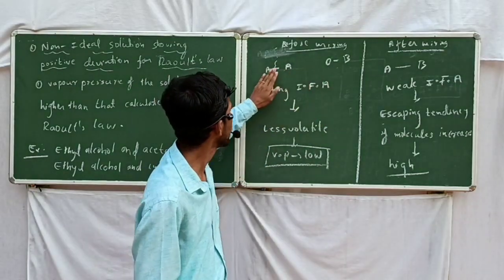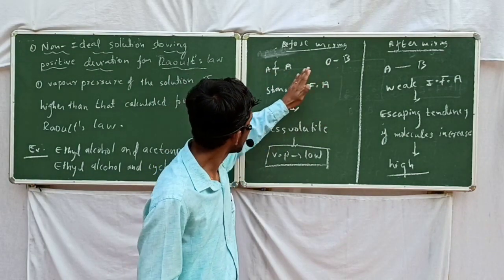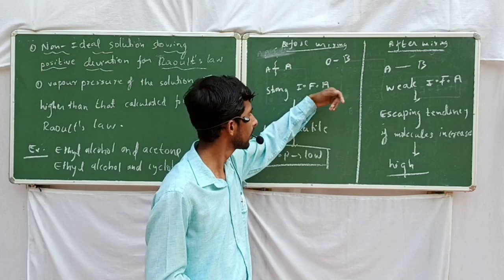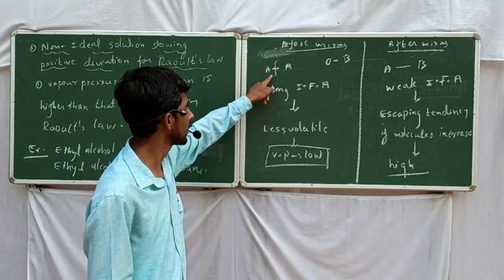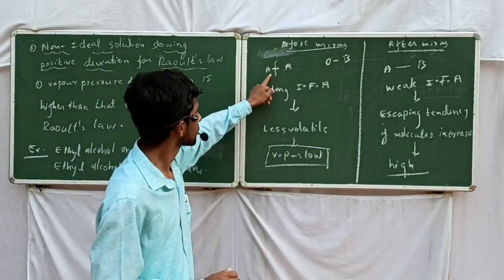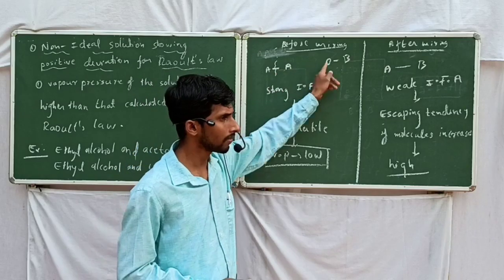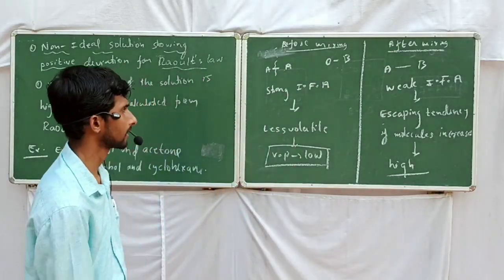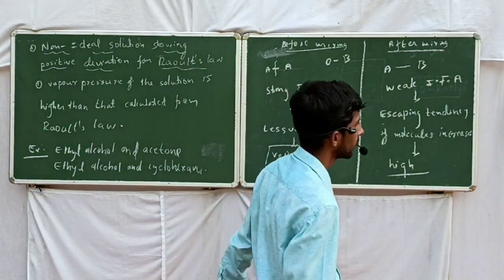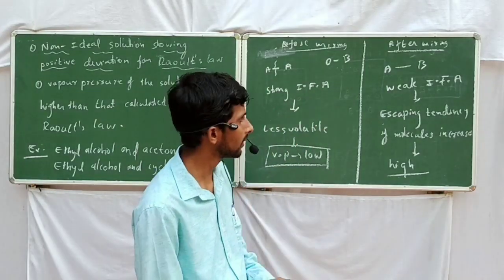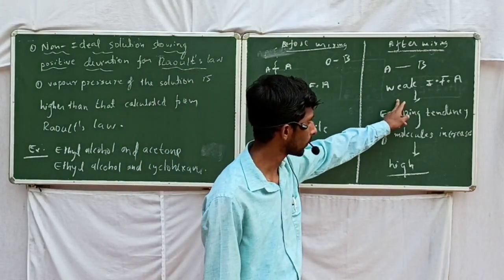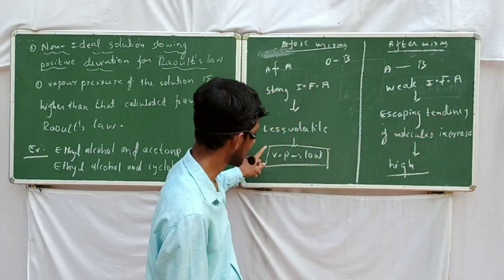Once you mix, molecules of A will interfere with the intermolecular forces of attraction of B. Similarly, molecules of B will interfere with the intermolecular force of attraction of A. Due to that interference, there will be cleavage of the strong intermolecular force of attraction between the molecules of the pure components, and a new intermolecular force of attraction is established that is weaker than the initial one.